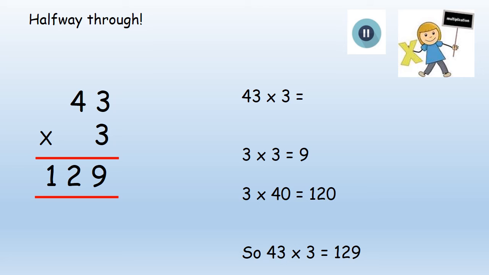Halfway through now, how are you getting on? 43 times 3. 3 times 3 equals 9. 3 times 40 equals 120. So 43 times 3 equals 129.